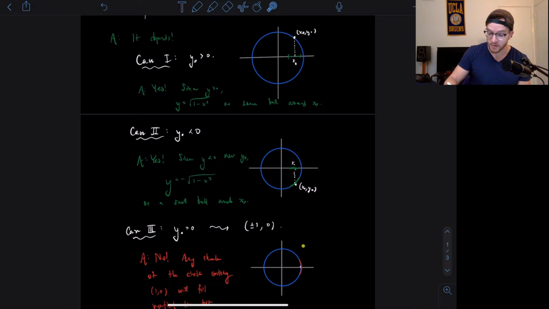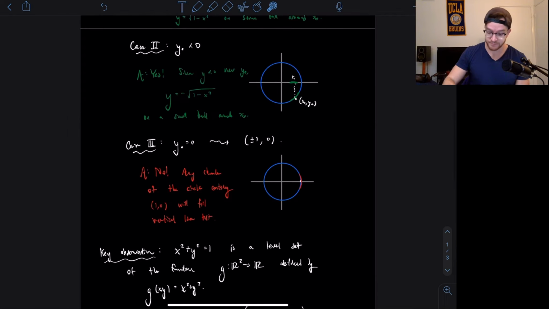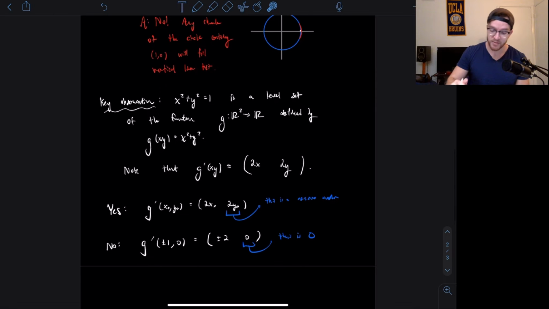But here, there's a vertical tangency. That tangent line fails the vertical line test. So since the tangent line cannot be written as a function of y in terms of x, you can't do it locally to G. That's sort of what this is measuring.